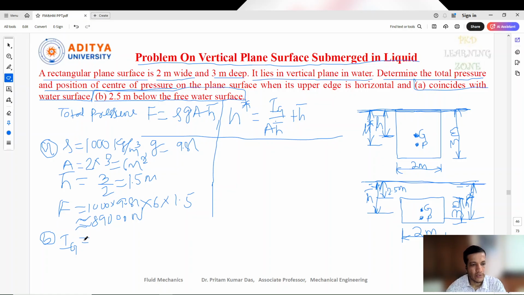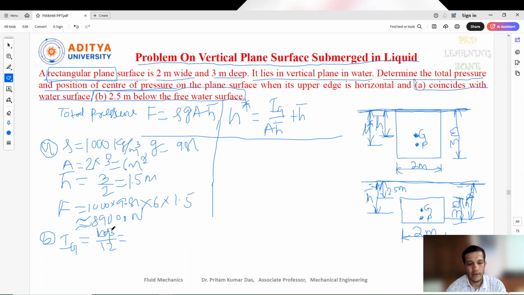For a rectangular plane, Ig will be b d cube by 12. You have studied this in mechanics maybe, that will be a different topic.